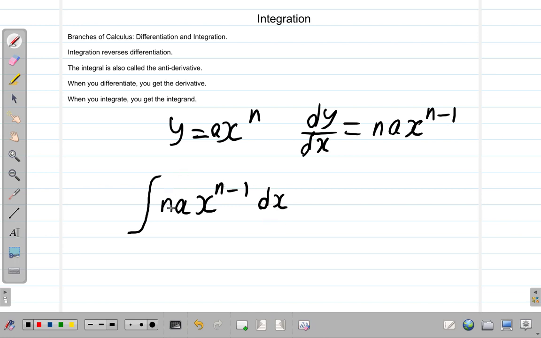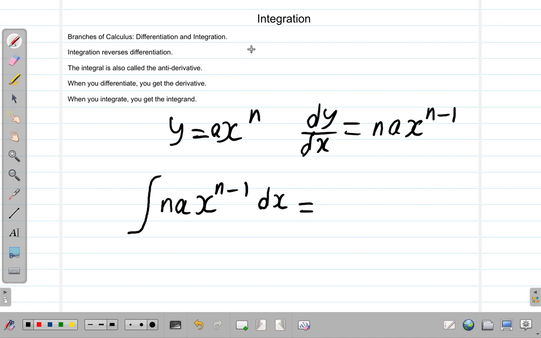So this is the integral of n a x to the n minus 1 dx. Now, what is that? What you do is the reverse. Remember, when you differentiated, you first multiplied by the old power, then you reduced the old power by 1 to get the new power. Alright?